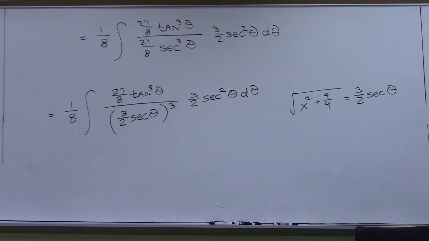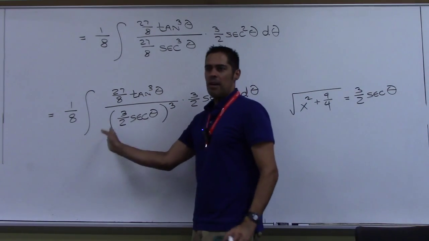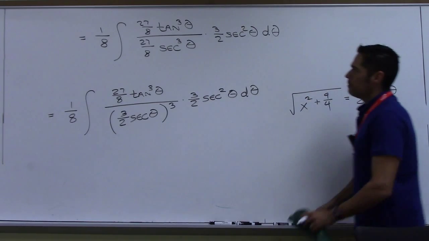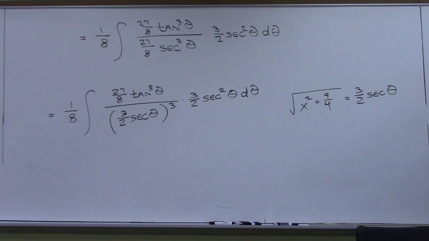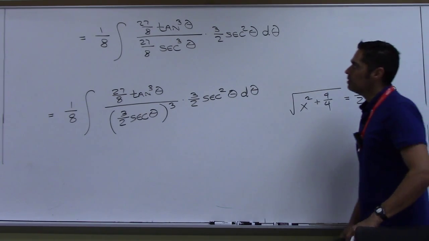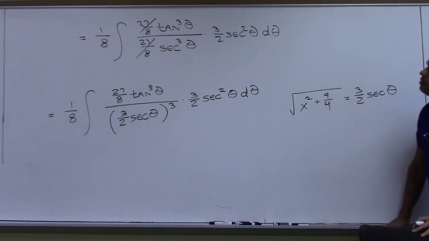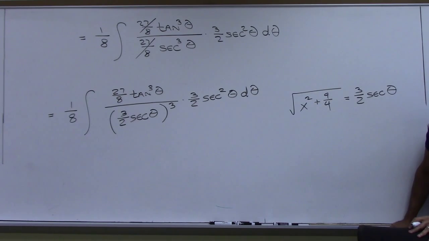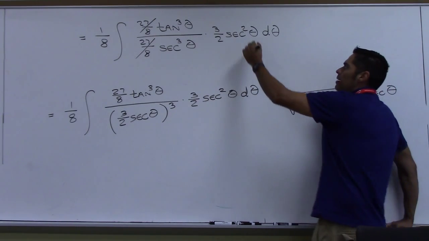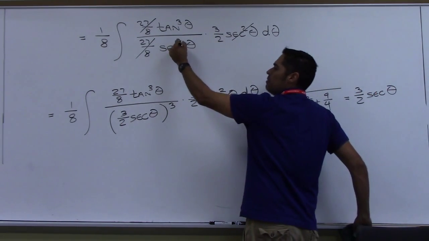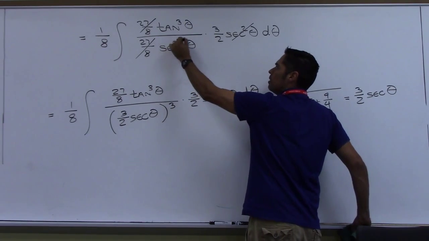If you accidentally cancel these 3 halves right now, you'll be off by a constant. What about the 3 halves? Take it out. That'll become 3/16 out there. I can get 2 factors of secant to cancel here, and that leaves how many secants down there? Just 1?